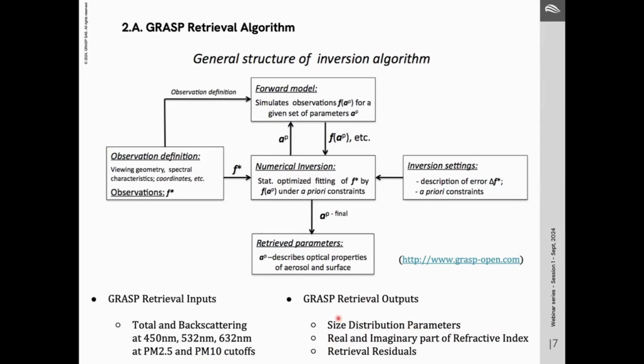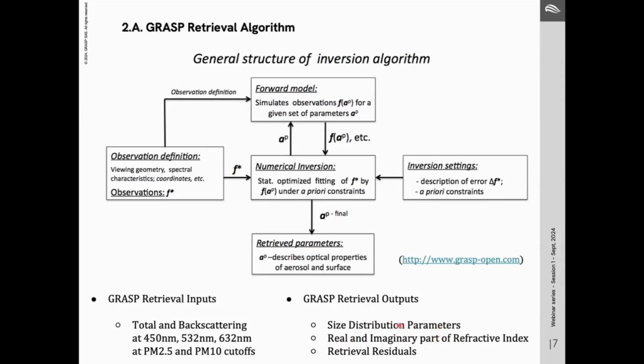The real part shows how much light refracts when it passes through an aerosol particle, and this will help us to identify the type of aerosol, such as dust or smoke or sea salt. The imaginary part represents how much light is absorbed by the aerosol, and this is very important to understand aerosols like soot or black carbon. So together, these two parts provide very essential information for us to identify the aerosol type.